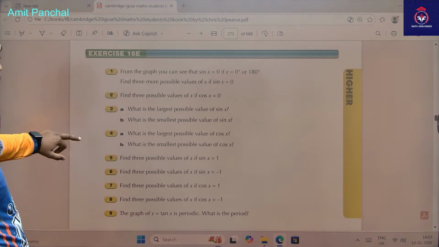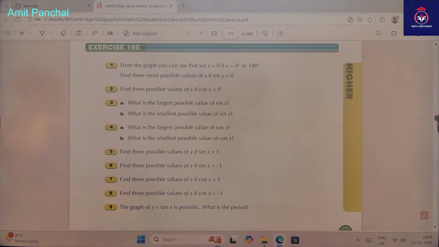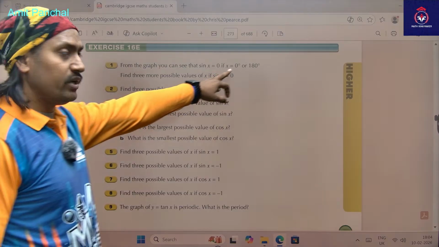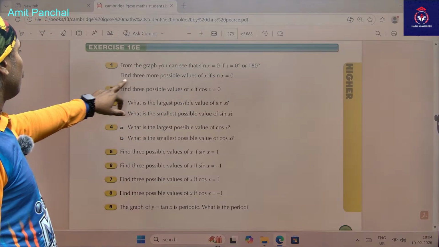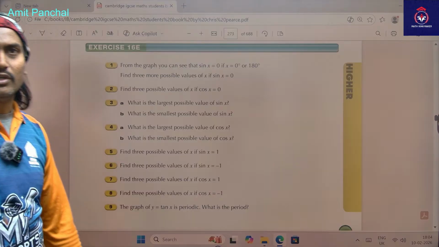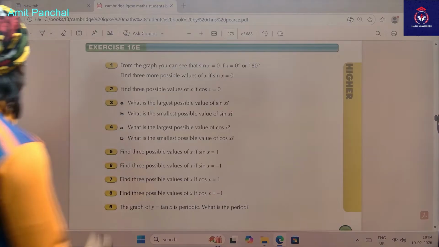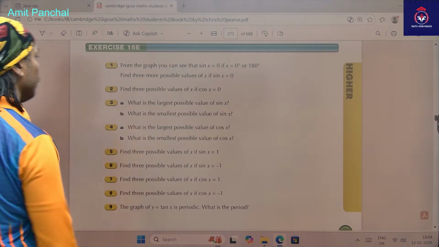Now these are some questions. From the graph you can see that sin x is 0 if x is 0 or 180. Find 3 more possible values of x if sin x equals 0. By seeing the graph, first of all you need to draw the graph.